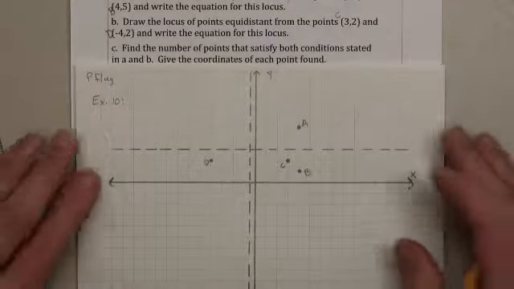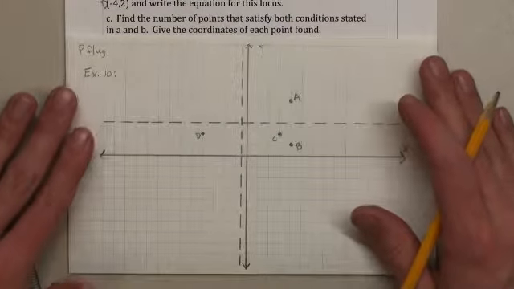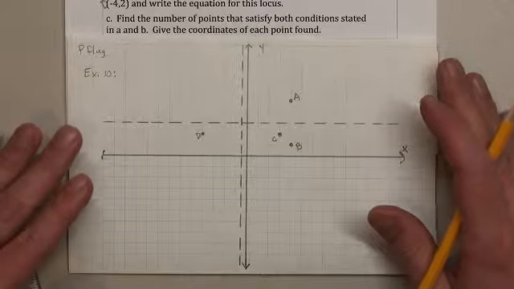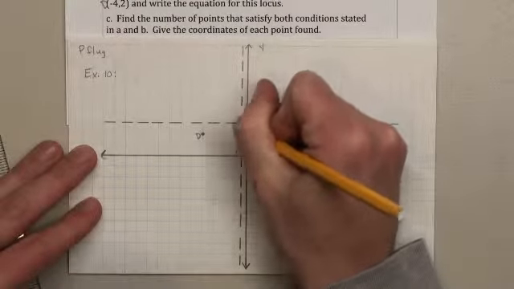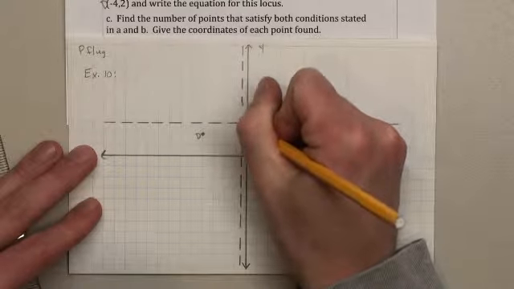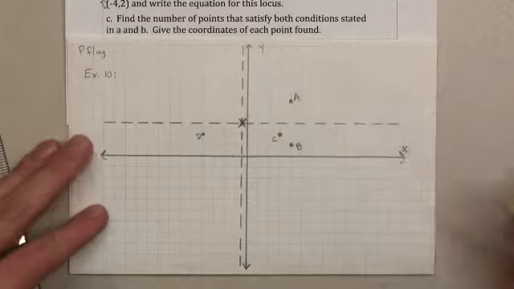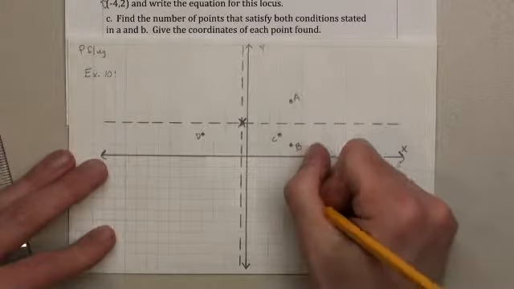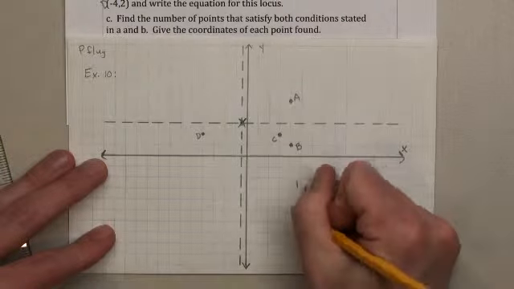Find the number of points that satisfy both conditions stated in A and B. Give the coordinates of each point found. So there's 1 point right here that satisfies. So let's put 1 point, and it says we also need to put the coordinates.